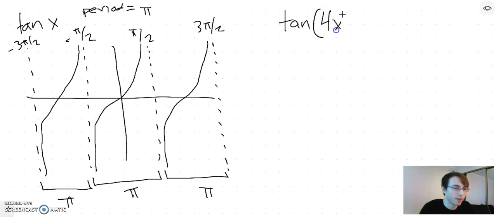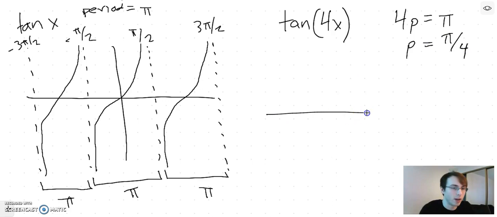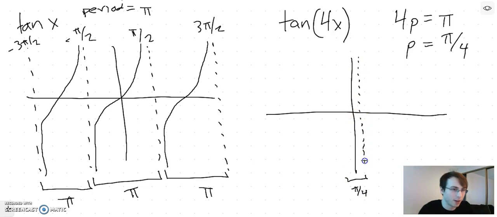So now if we wanted to find tangent of, say, 4x, now we'd say 4p equals pi instead of 2 pi, because the period is originally pi in tangent. So the period now should be pi over 4. So now when we graph, instead of having a pi distance, we should have a pi over 4 distance between the asymptotes. So it'll be a lot narrower.